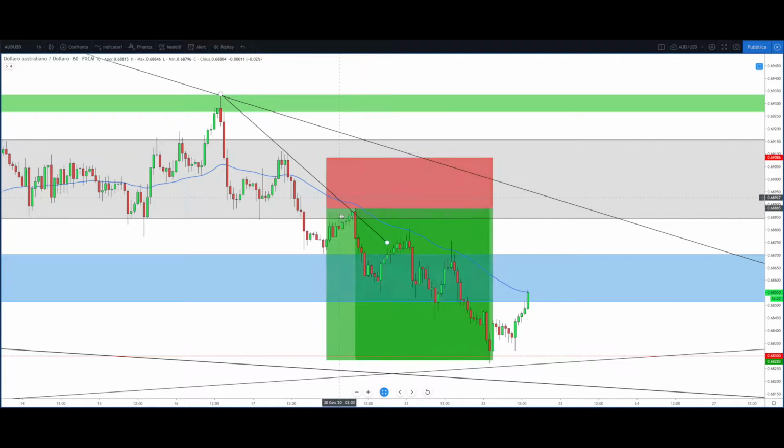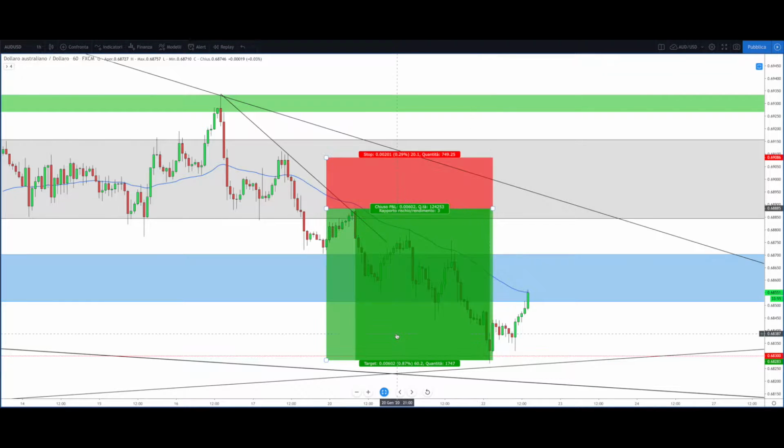We can see here that the price after the weekly opening immediately found the strength to go higher here and perfectly touched our entry point below this bearish trend line, and from this point we can see that the price started this slow movement to the downside that during the night perfectly touched our take profit, and this setup has given us a good 60 pips profit.